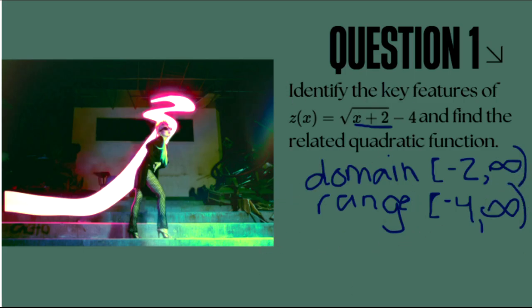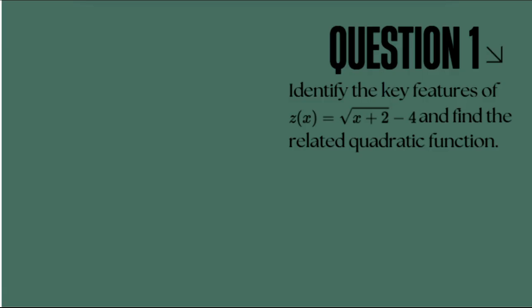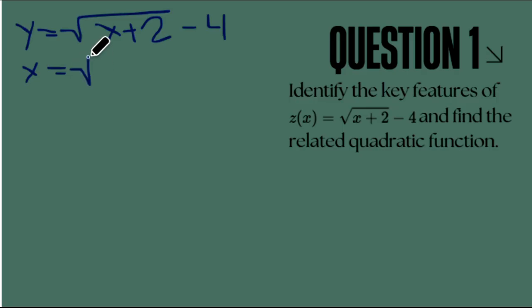Now they want us to find the formula. I'm going to go to a clean slide for that. So the first thing we do is change this to a y. So we have y equals the square root of x plus 2 minus 4. Second step is to switch x and y. So now we have x on the outside, square root, y plus 2 minus 4.